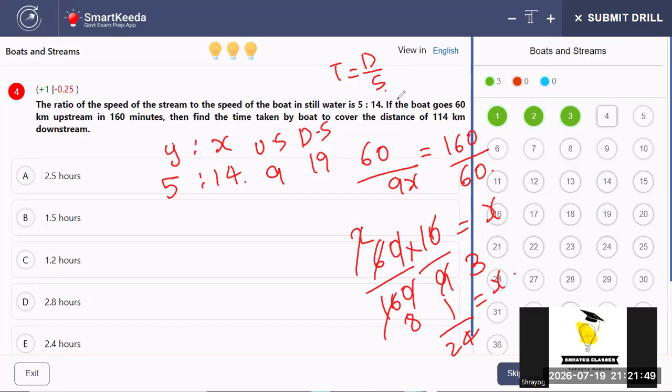Find the time taken by the boat to cover the distance 114 in the downstream. Downstream is equal to 24.